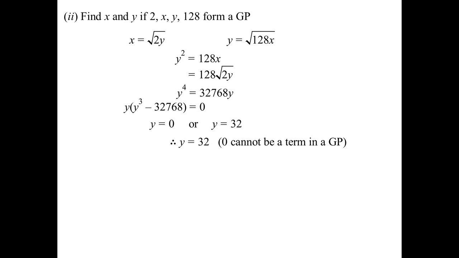So the pattern stops, because every term after that would be 0. So y equals 0 is not possible. Our only possibility is y is 32. Substitute back in, and we get that x is equal to 8. So there's our answer. X is equal to 8, y is equal to 32.